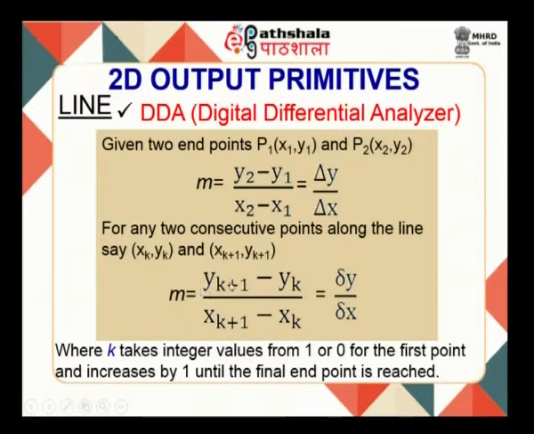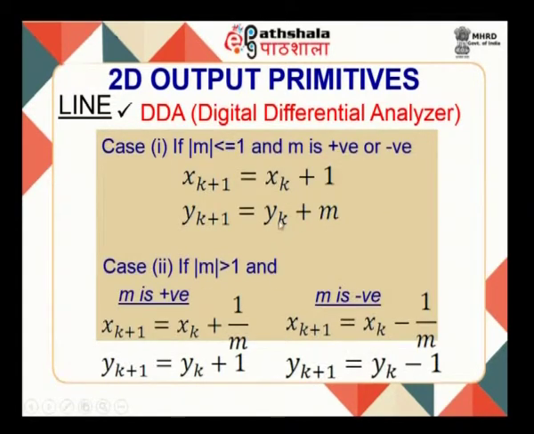So, m is equal to y k plus 1 minus y k, which gives y k plus 1 is equal to y k plus m. That is how we get the second equation here.